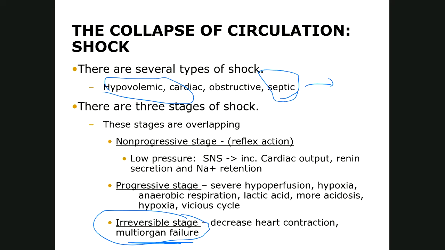So one example would be, say, someone is losing blood, so blood volume decreases, and the sympathetic nervous system can work in several ways.